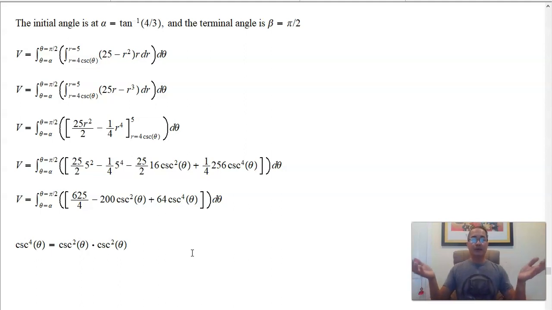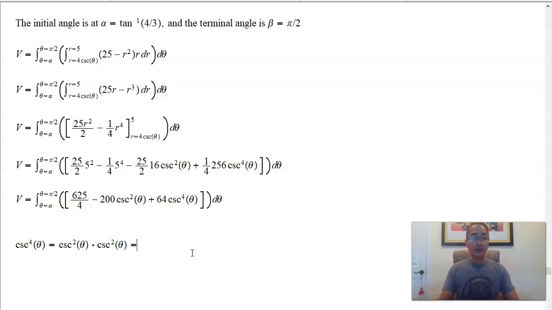Now we have to remember our trig identities. Always start with, or at least I do, cosine squared plus sine squared equals 1. So if you want to see cosecant squared, divide both sides by sine squared. So 1 over sine squared, that's your cosecant squared. Sine squared over sine squared, that's 1. Cosine squared over sine squared, that's cotangent squared.